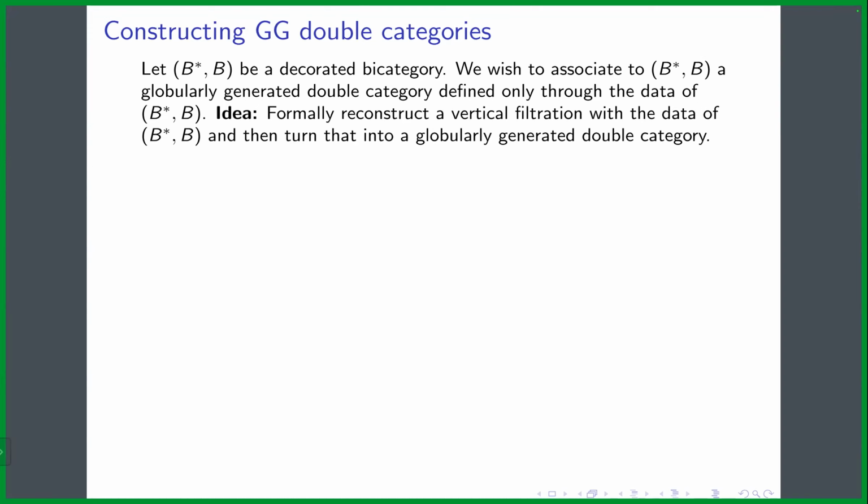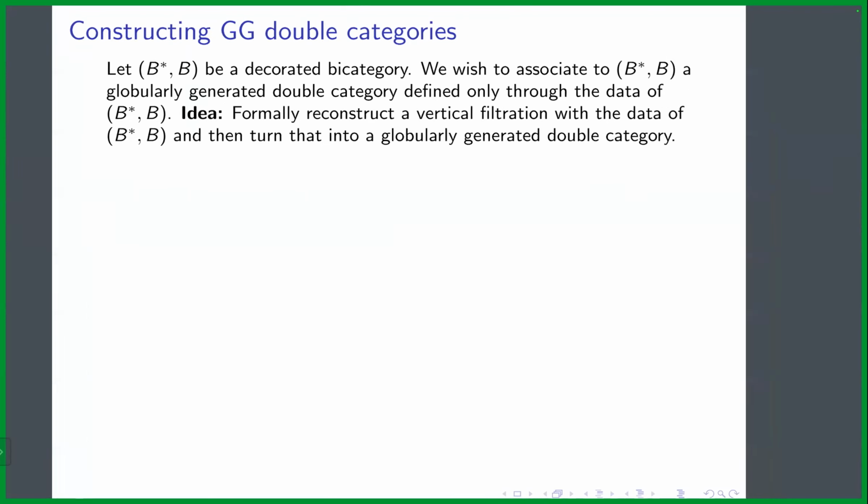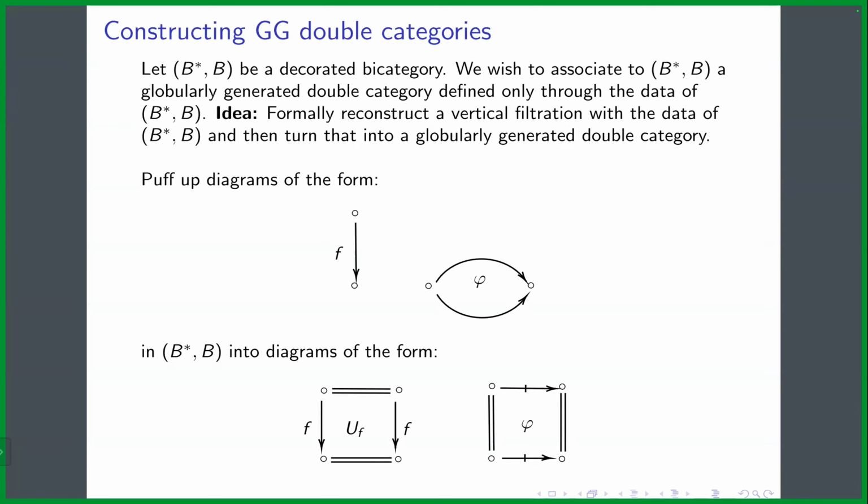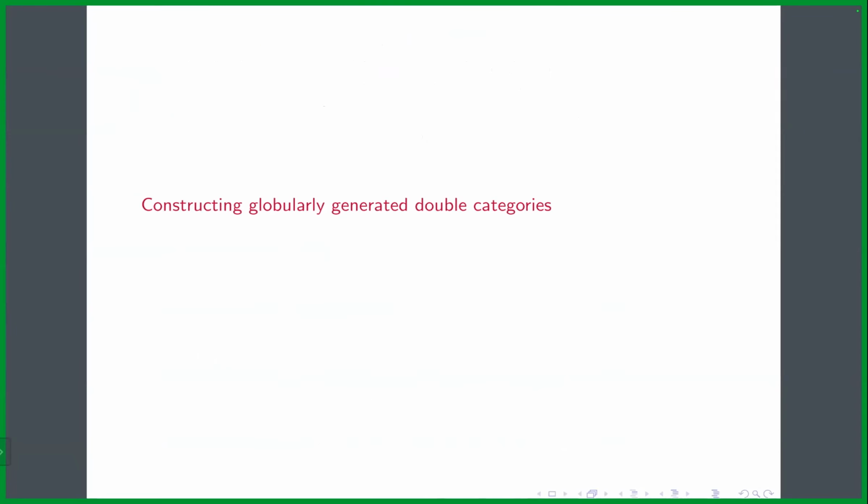So the idea is the following. We start with (B*, B), and we formally reconstruct a vertical filtration with the data of (B*, B), and then turn that into a globularly generated double category. We start with diagrams like this, vertical arrows and globular 2-cells, and then we puff this up into squares. The vertical arrows we puff up into formal squares that look like horizontal identities, and we puff up the globular diagrams into squares that look like globular diagrams.